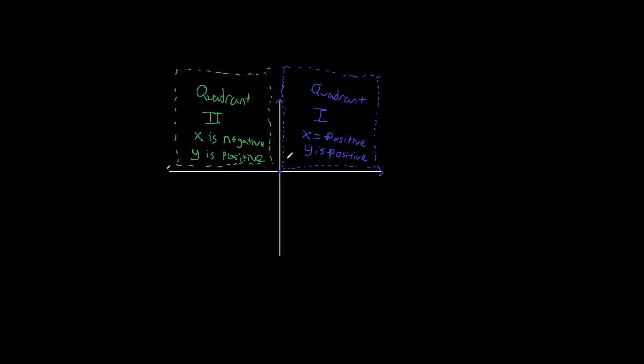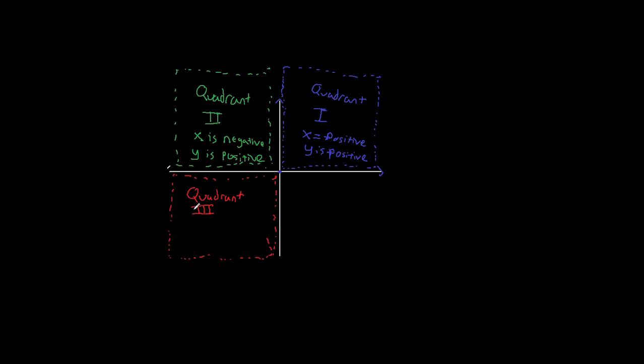Then we continue to go counterclockwise, and we get down to here, and this right here, everything south of the x-axis and left of the y-axis, everything in here, this is quadrant 3.